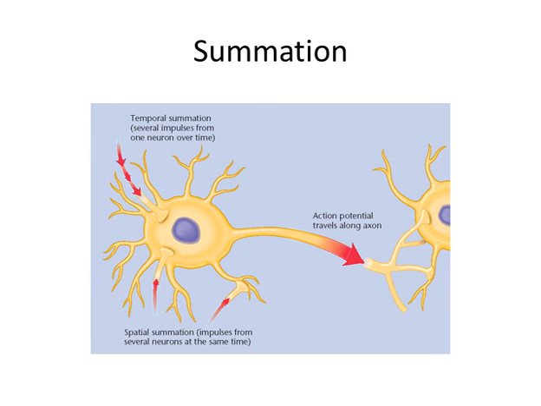Spatial summation occurs when the postsynaptic membrane receives impulses from several presynaptic neurons at the same time. Now, temporal summation and spatial summation pretty much occur together. So a neuron might receive input from several axons at approximately, but not exactly, the same time.